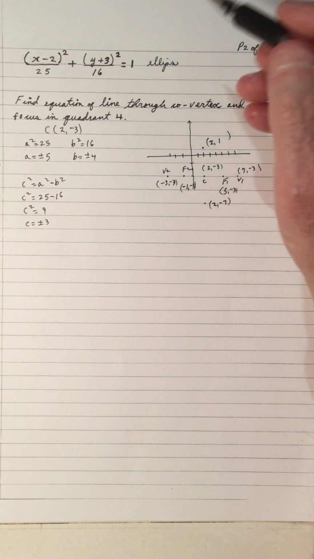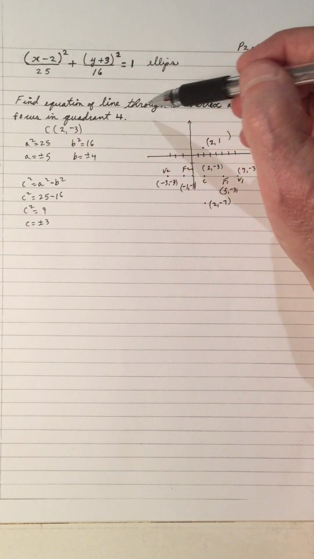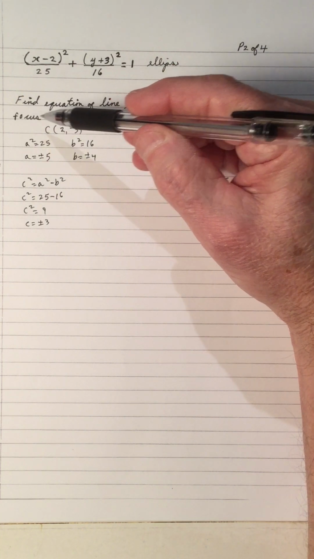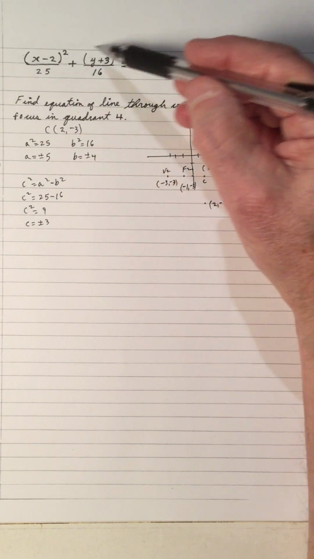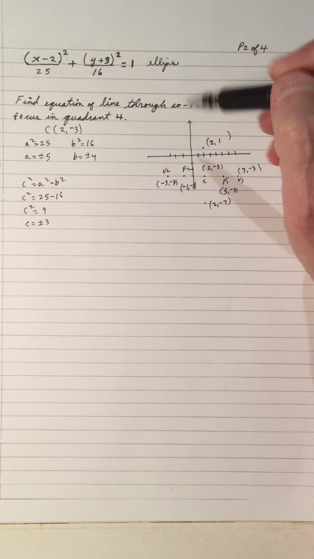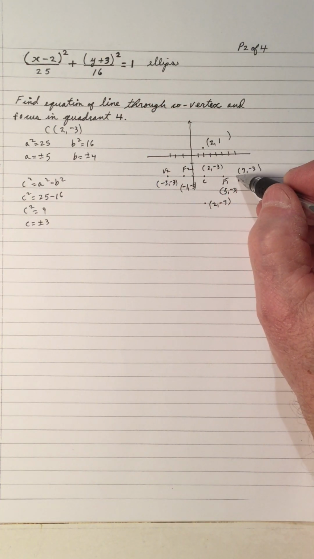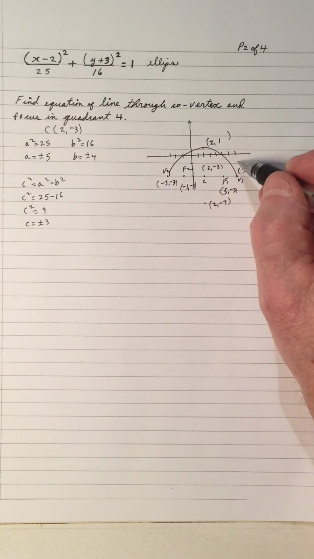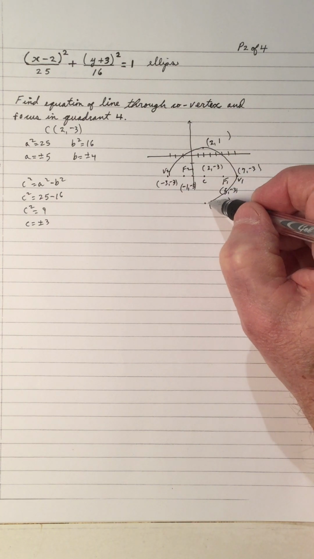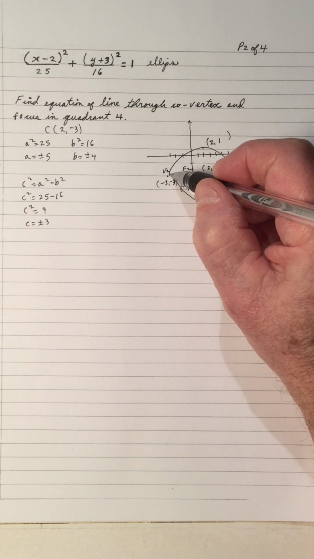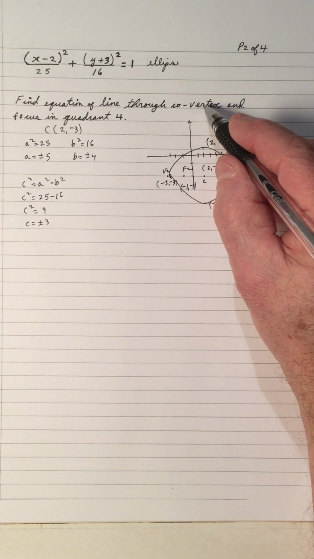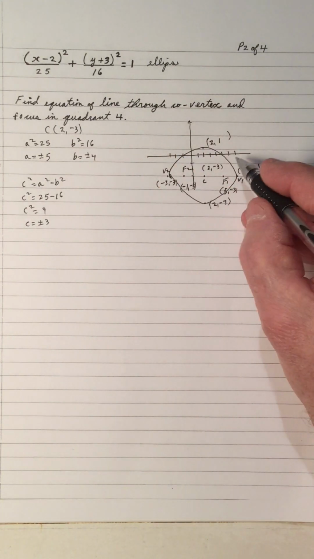So the question is to find the equation of the line through the co-vertex and the focus in quadrant 4. We have plotted all the vertices, co-vertices, and also the foci.